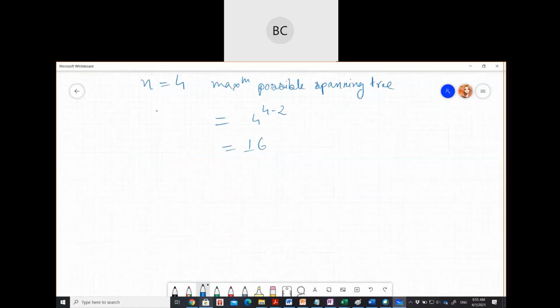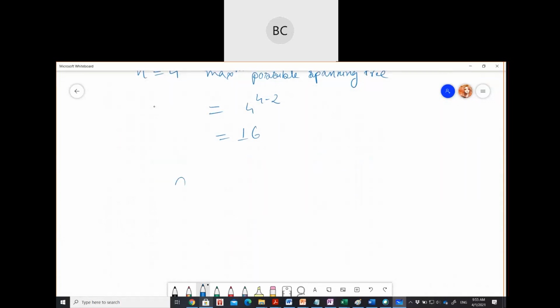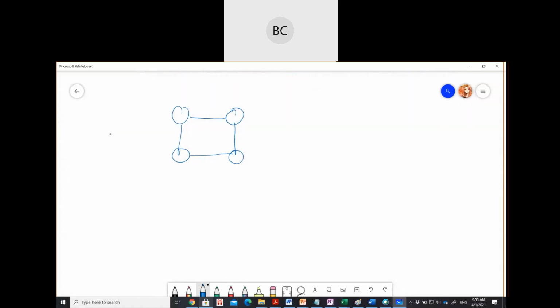Okay, so suppose you have a simple connected undirected graph.